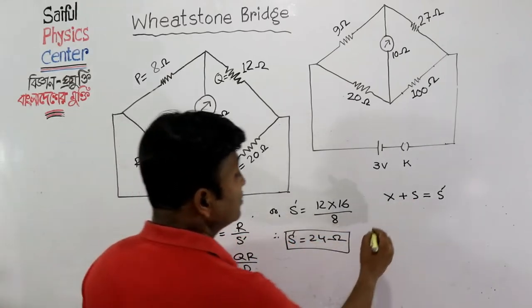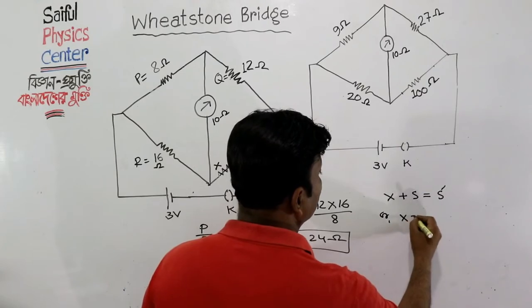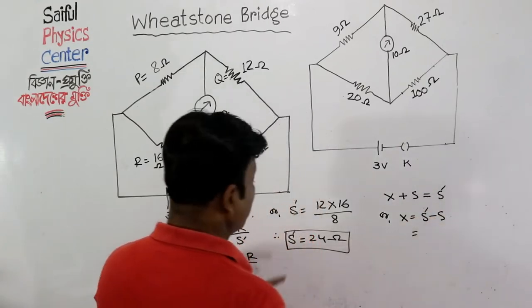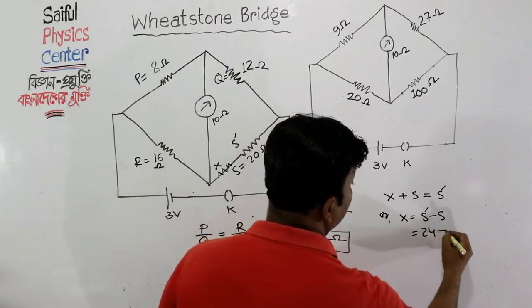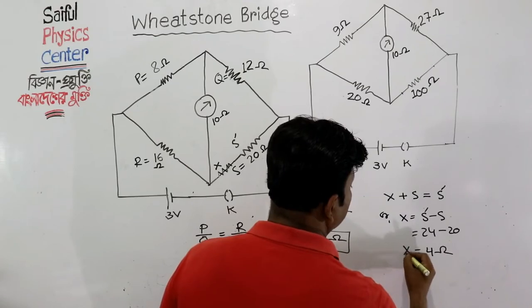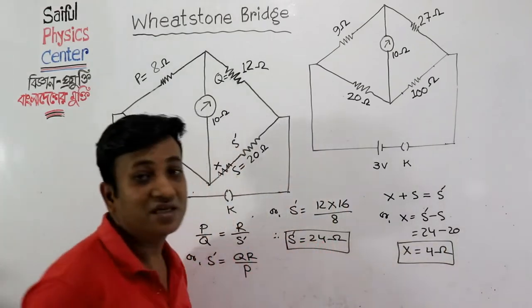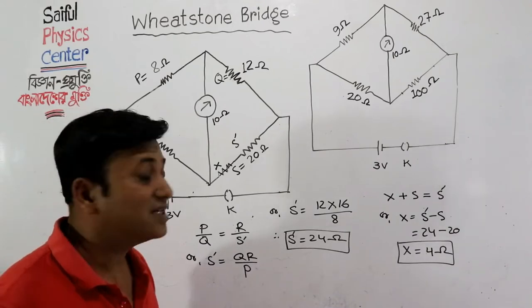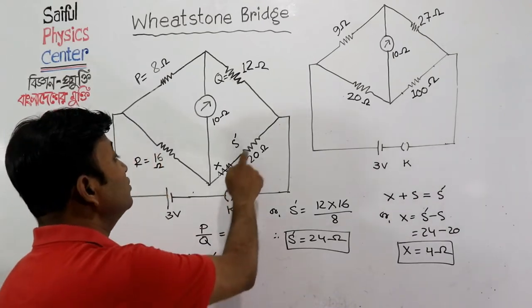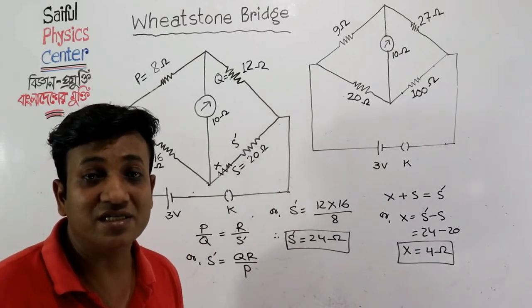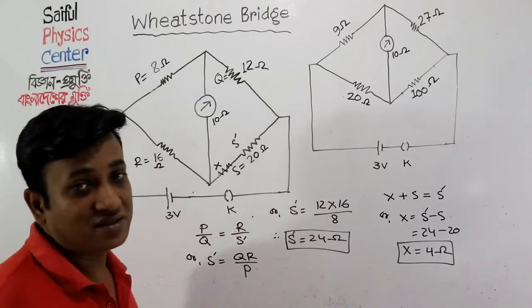From it we get X equals S prime minus S. Now putting the values, S prime is 24 minus 20 equals 4 ohms. So from this calculation we get, if we connect a 4 ohms external resistance in series with S, then the unbalanced Wheatstone bridge will become balanced.